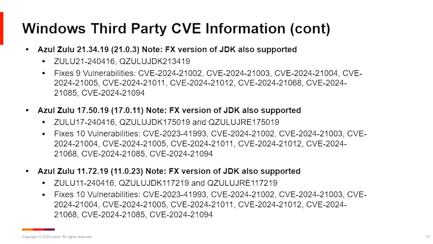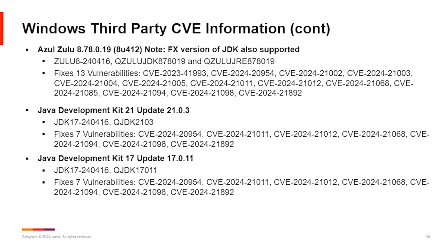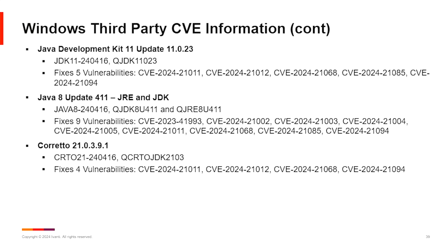But you'll notice that, for example, Azul Zulu has 9 and 10 vulnerabilities addressed in the various versions of these. You'll see that the Java SDKs that came out from Oracle have 7. A lot of overlap, obviously, between the different vulnerabilities that are addressed here. Some of the other ones, like Corretto, they only include 4 of the vulnerabilities in their release.